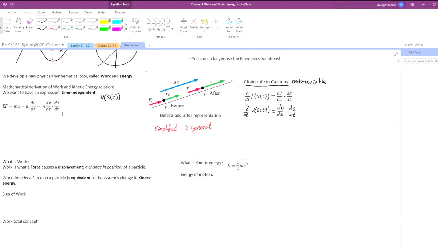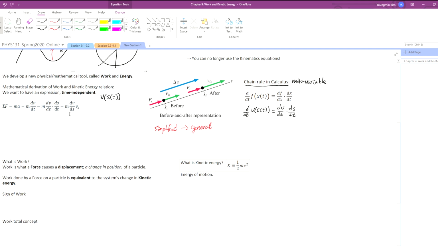Now take a look at ds/dt. S is any position: x, y, z, tilted x, etc. What is ds/dt? That is velocity, right? The time derivative of a position is velocity. So this reverts back to m dv/ds times velocity with respect to that axis.